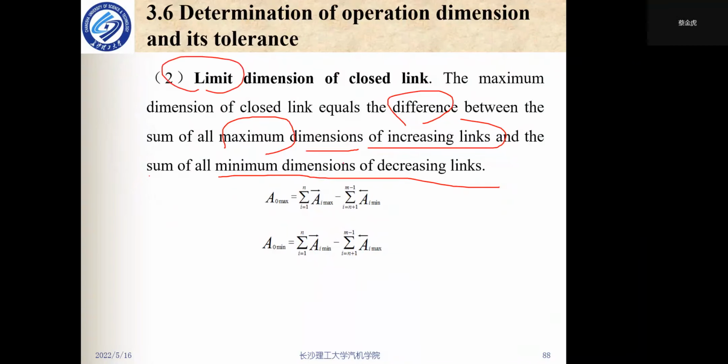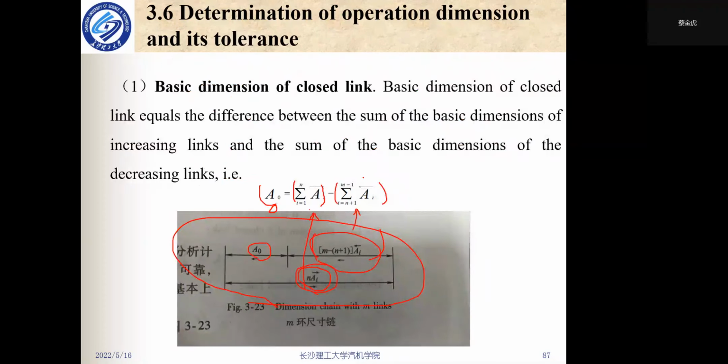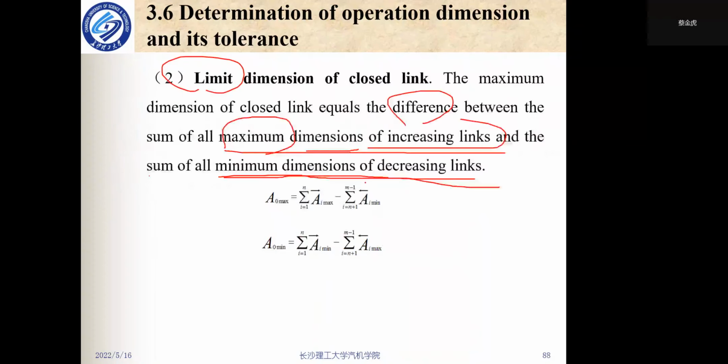It is the upper limit dimension, which can be calculated by the summation of the maximum dimensions of increasing links minus the summation of the minimum dimensions of decreasing links. Because we have this equation, if we want the biggest I0, then this part may be the maximum and this one may be the minimum. Then we get I0 max.